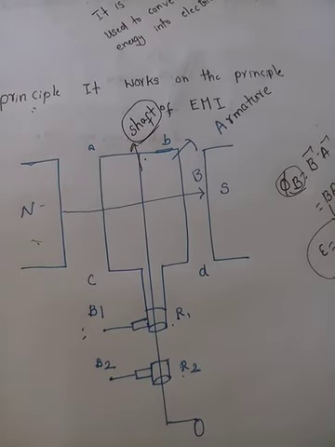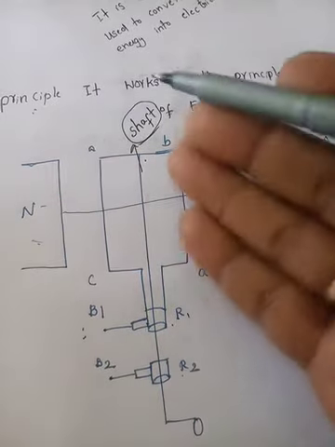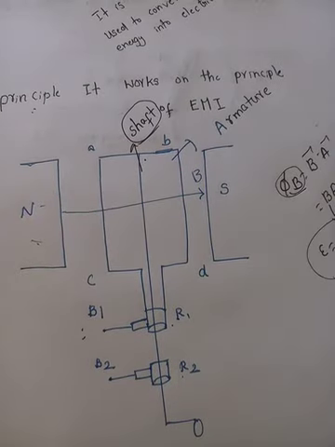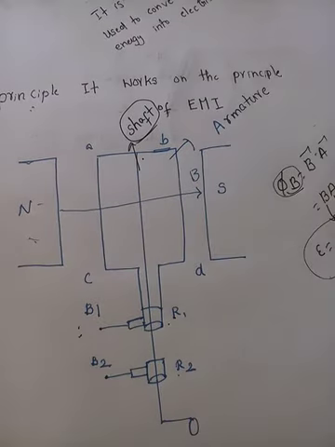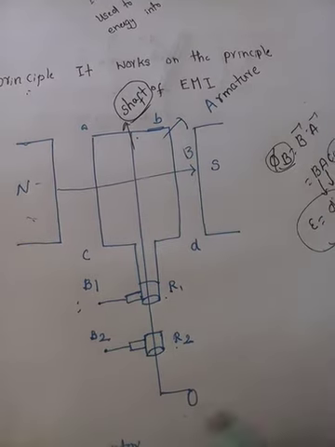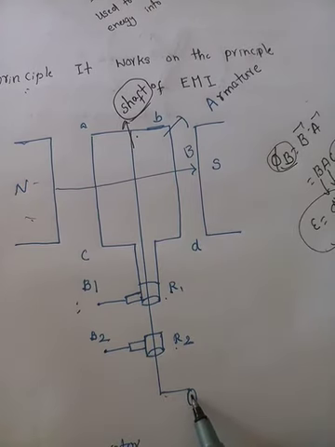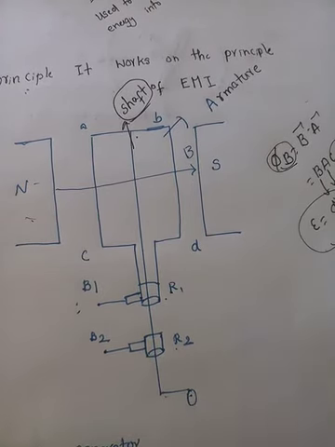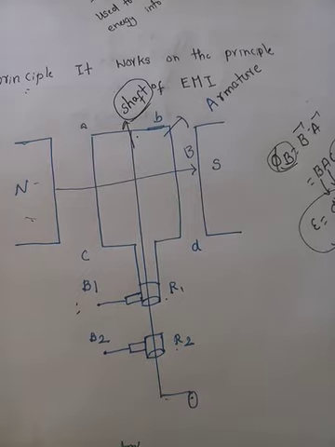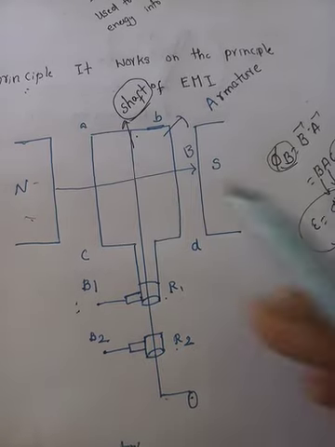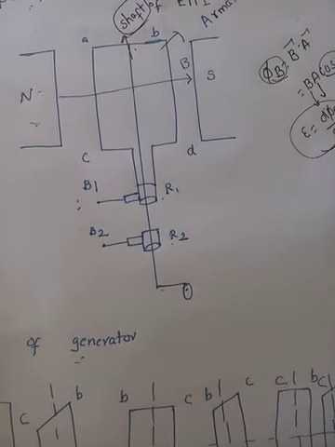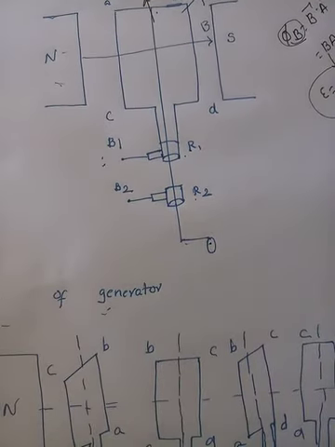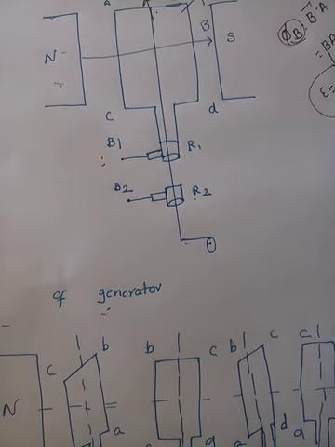Without external work, can it rotate itself? No, right? It does not rotate itself in the magnetic field. We should rotate it. If you rotate it in the presence of the magnetic field, the magnetic flux changes and it induces EMF.